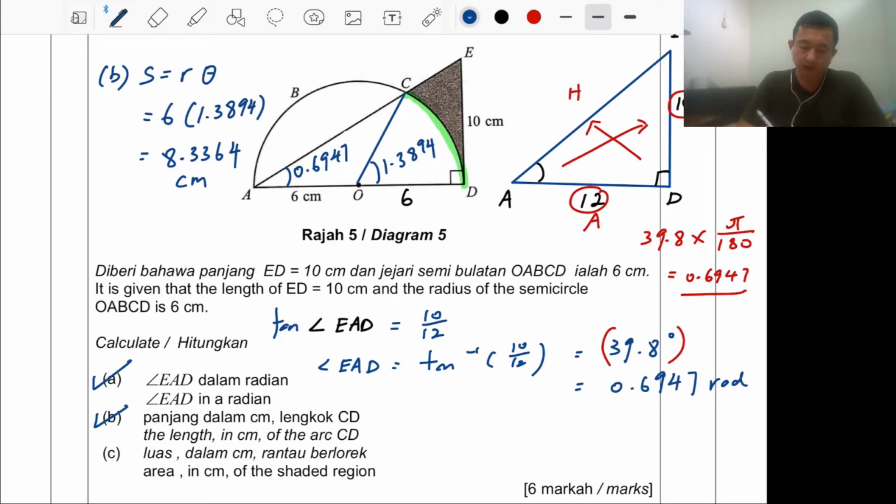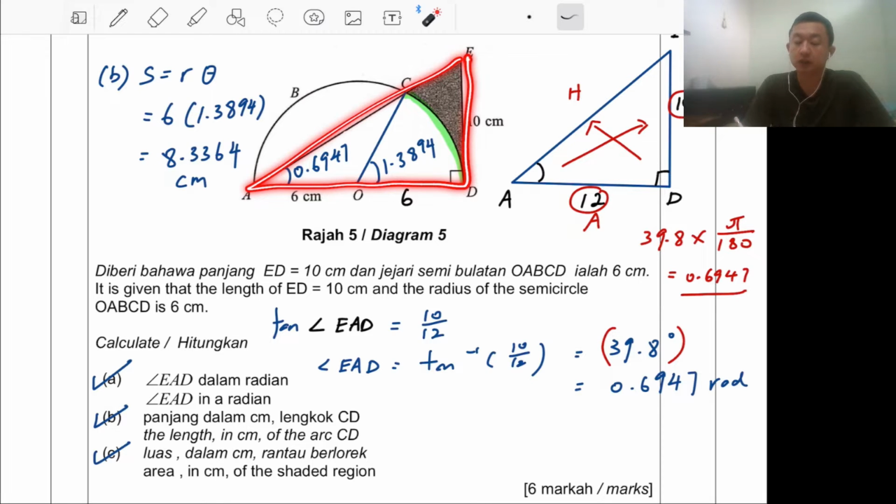Okay. The area of the shaded region. I think you just have to get the area of the triangle minus the area of the sector minus the area of a triangle, right?